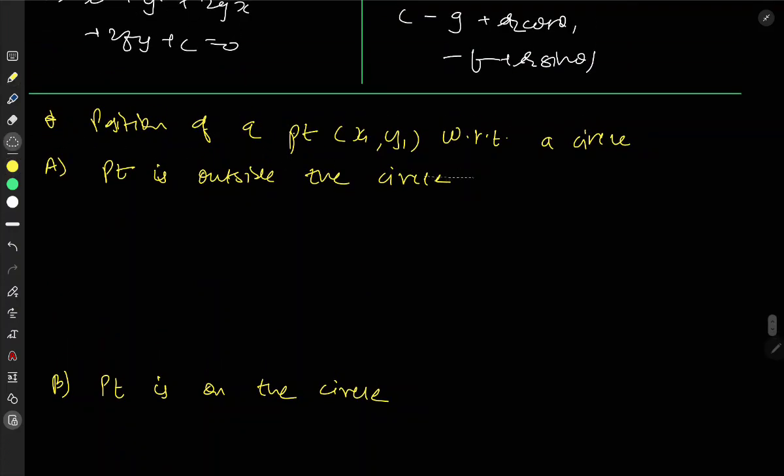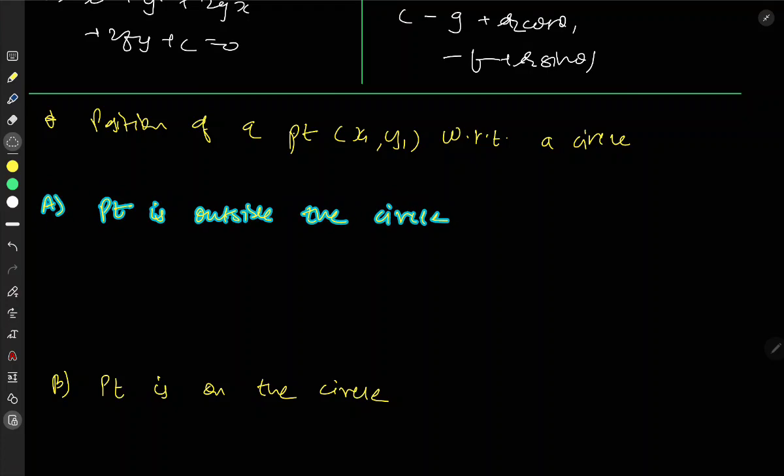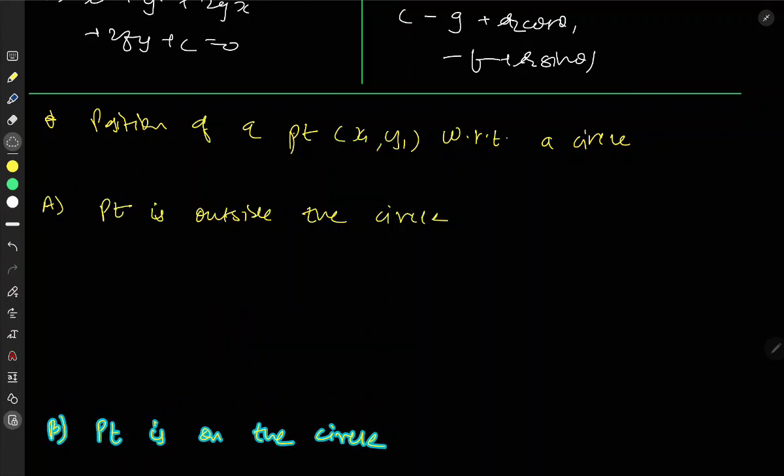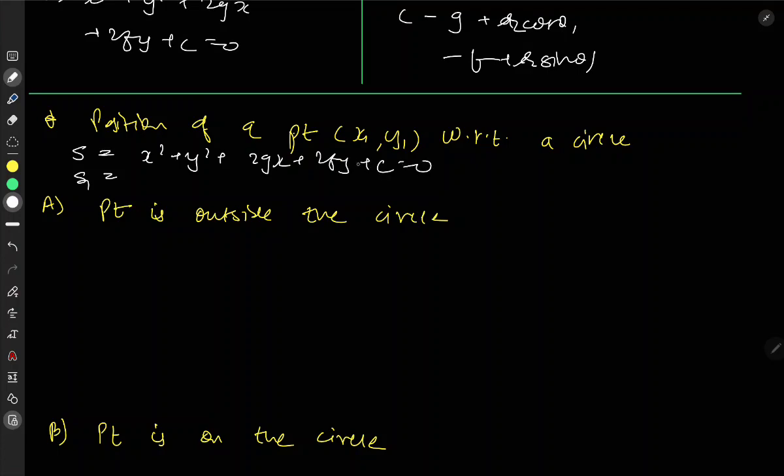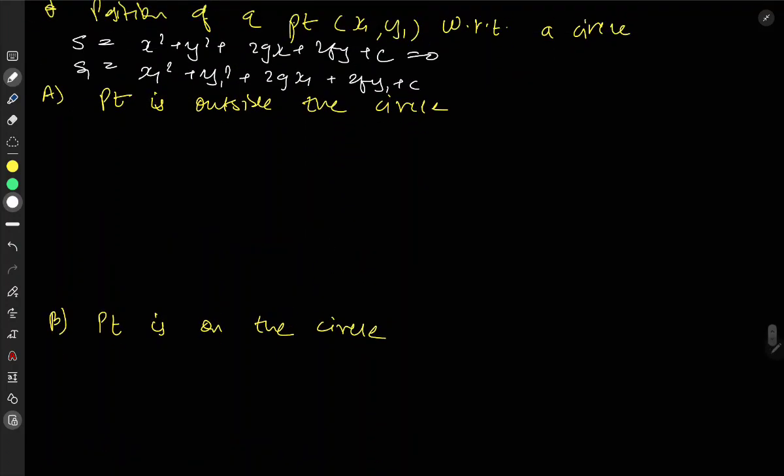So now just a minute, let me get these things a bit down, this also a bit down, and S indicates x square plus y square plus 2gx plus 2fy plus c equal to 0. And this is x1 square plus y1 square plus 2gx1 plus 2fy1 plus c, and now we can't see that as equal to 0.